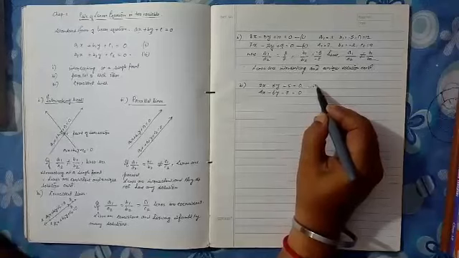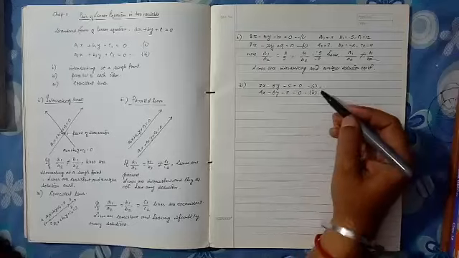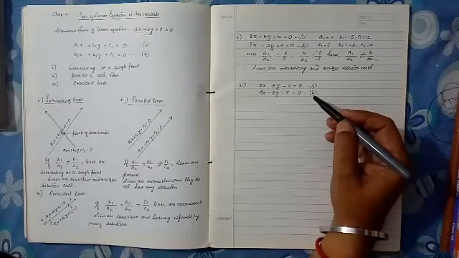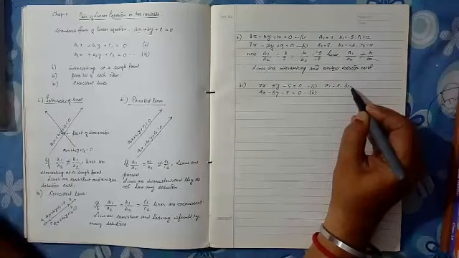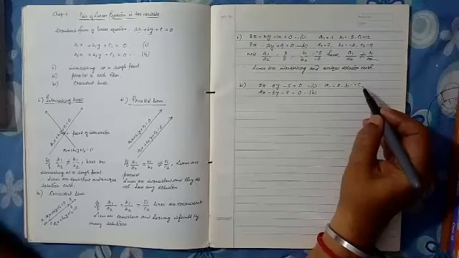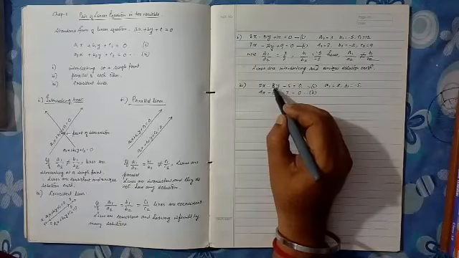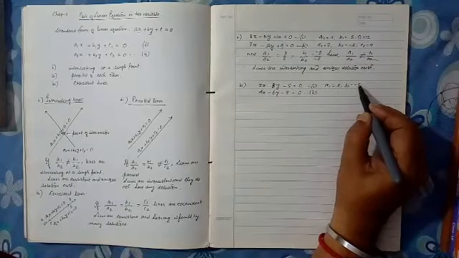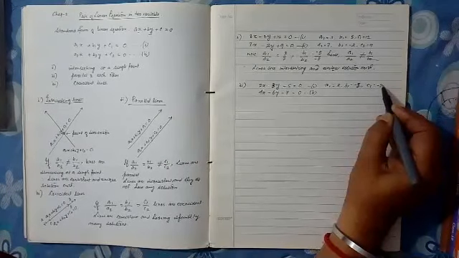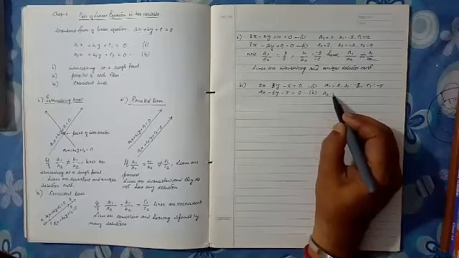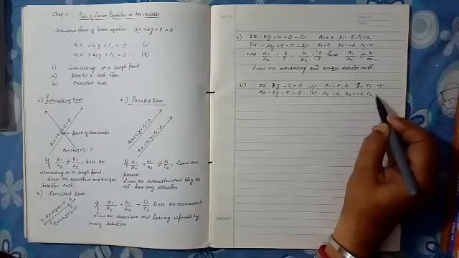Again, let us compare these equations with the standard form in terms of a1, a2, b1, b2, c1, c2. Then we will have a1 is equal to 2, b1 is equal to minus 3, c1 is equal to minus 5, a2 is equal to 4, b2 is equal to minus 6, c2 is equal to minus 7.